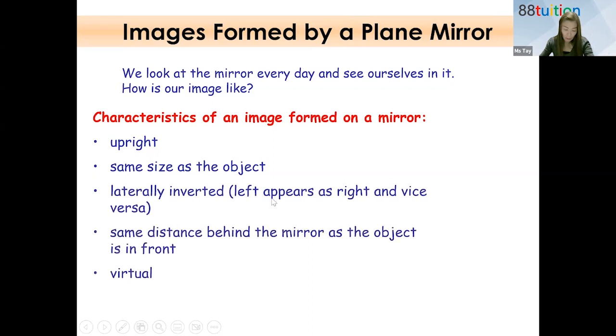The next thing you need to know is laterally inverted. Your left hand appears as right, and your right hand appears as left. The image is the same distance behind the mirror as the object is in front. So if you are 50 cm from the mirror, your image is also 50 cm from the mirror.